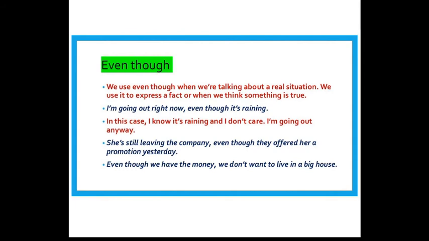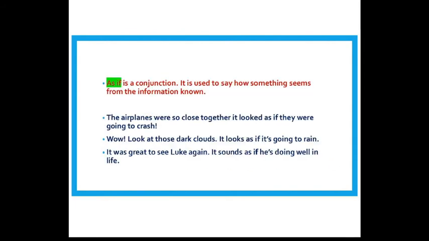So it's a clear idea, with examples of both. Another term we can look at is 'as if', which is a conjunction. It is used to say how something seems from the information known.